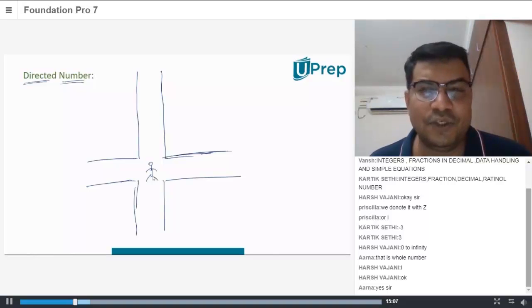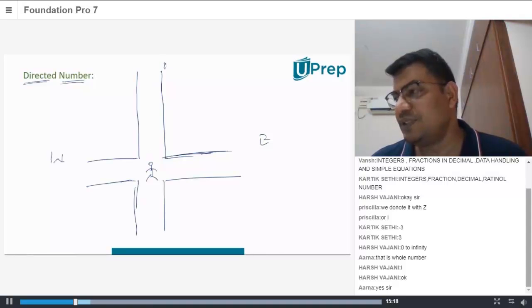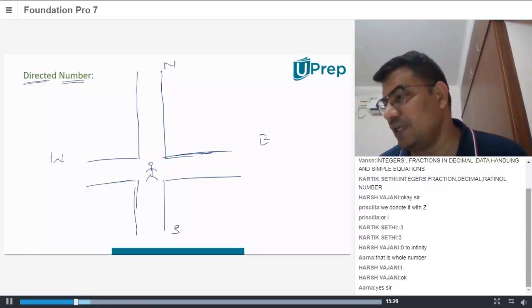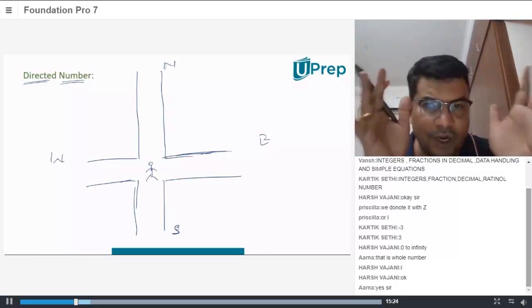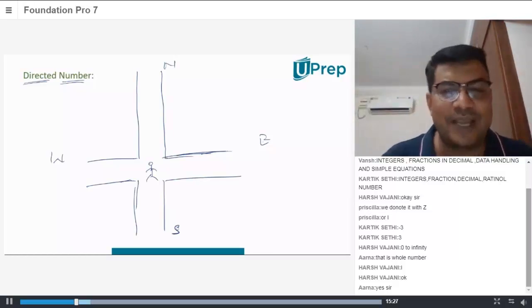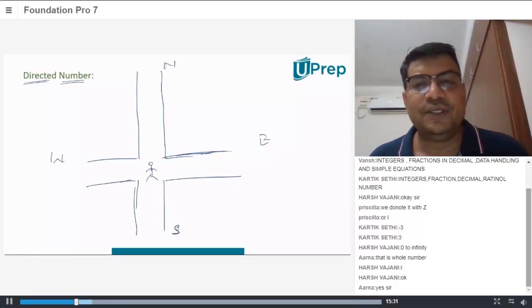Here, let's assume you know that this is east. This is west. And let's assume this is north. This is south. You know that you are in the middle of the road.